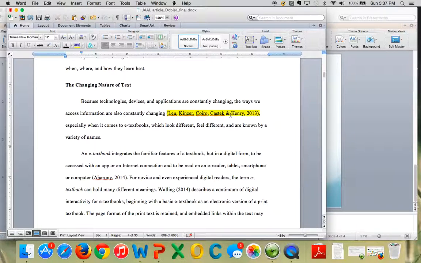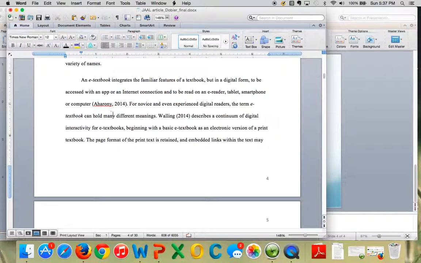Notice there's the ampersand sign before the last author. And notice that there is a comma after that last author's name and then the year of the publication. So that's what you need for an in-text citation, those specific elements.